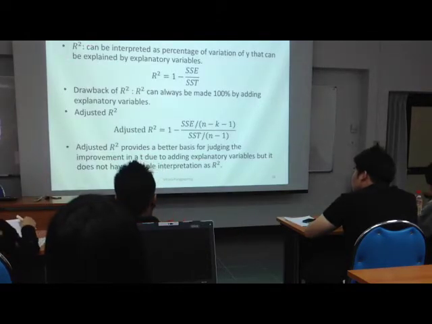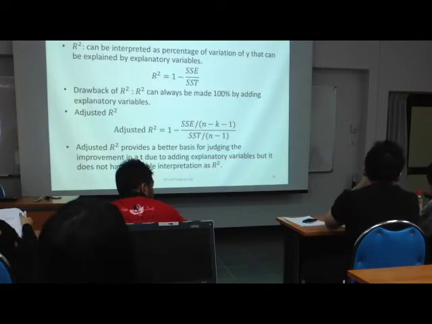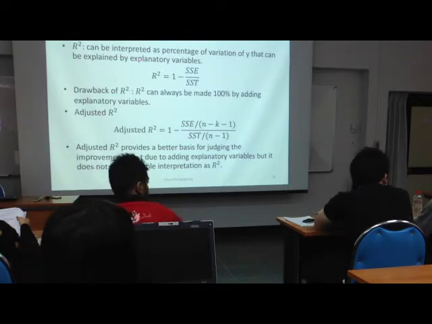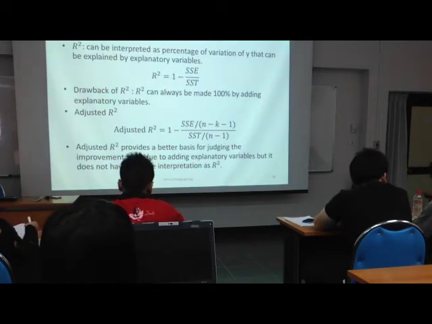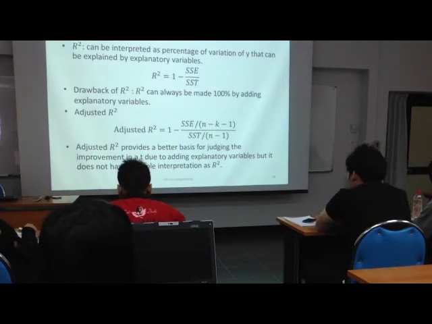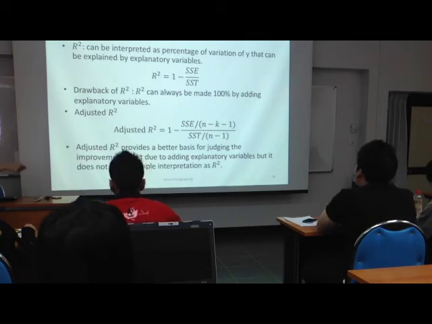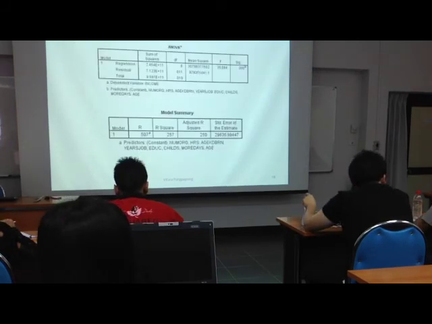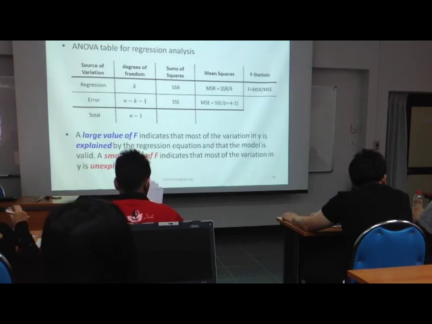R square can be interpreted as the percentage of variation of y that can be explained by the explanatory variables x, and it can be found by using 1 minus SSE divided by SST. Actually, it's the SSR divided by SST, where SST is the sum of squares total.